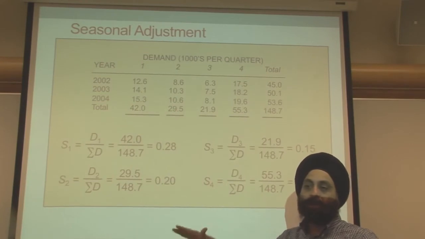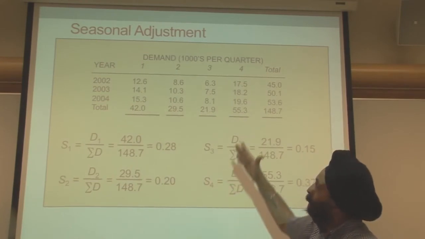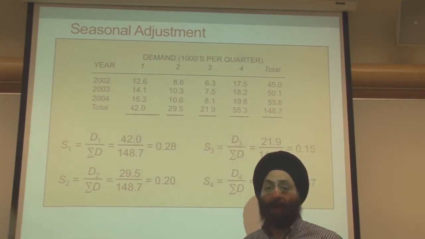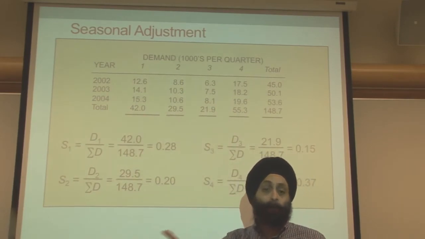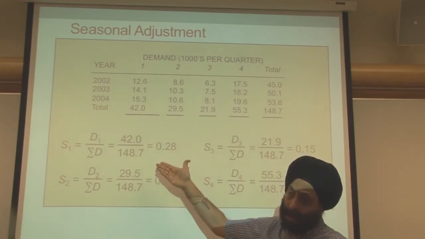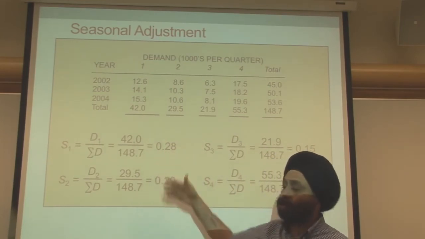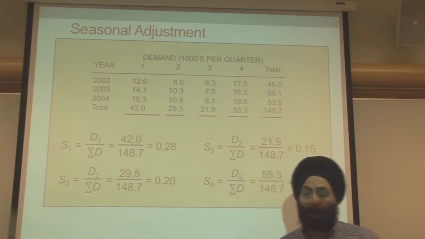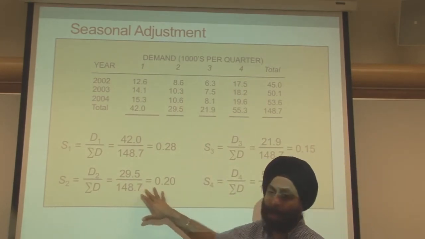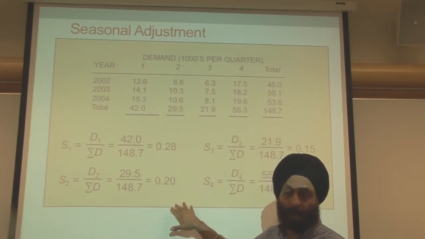If there was no seasonality, you should expect the demand by quarter should not vary, meaning each quarter should have about 25% demand. But in this case, notice that quarter 1 actually has 28%, so a little bit higher demand, whereas quarter 2 tends to have only 20% demand.